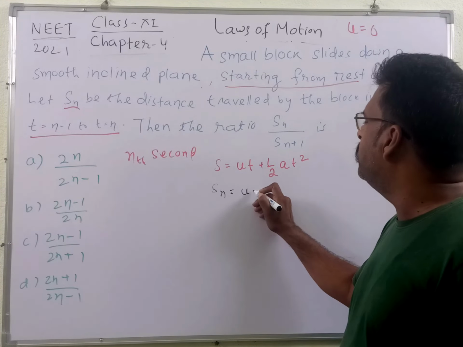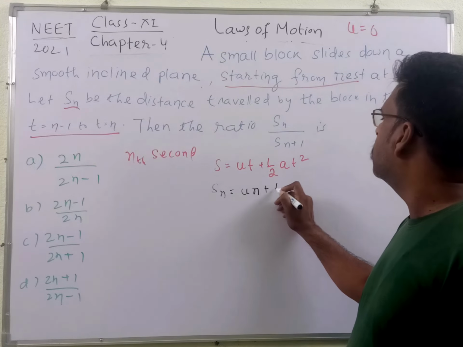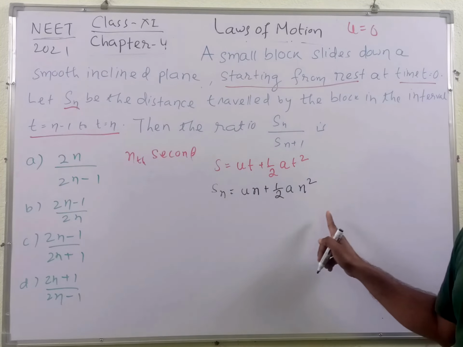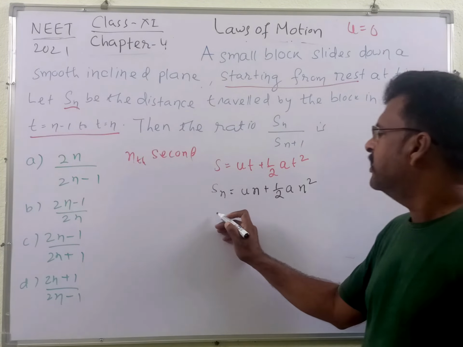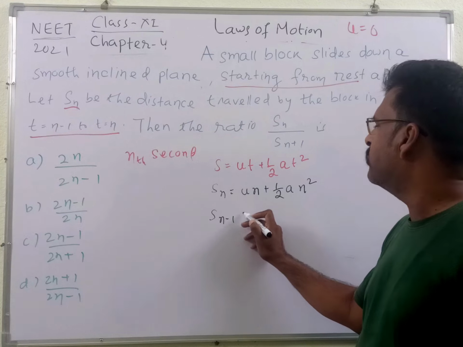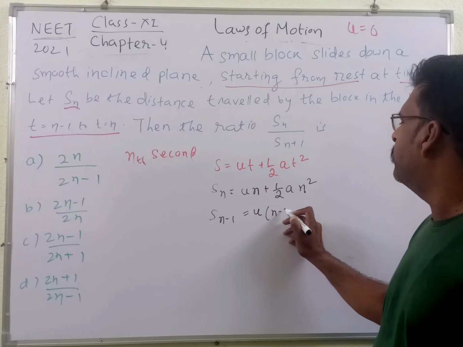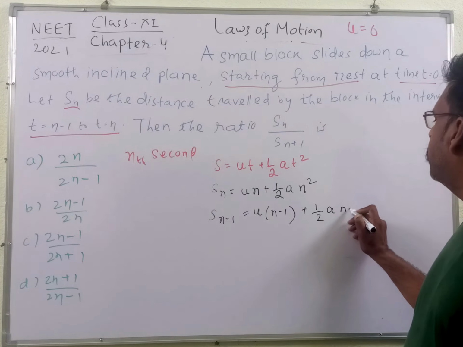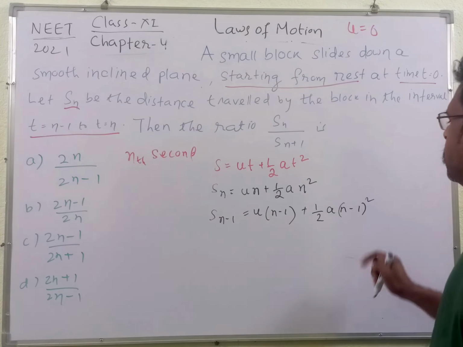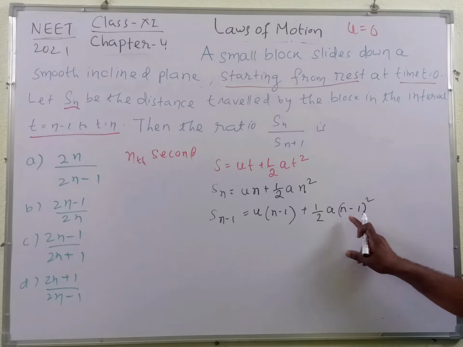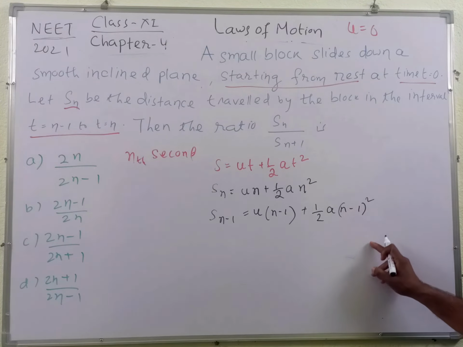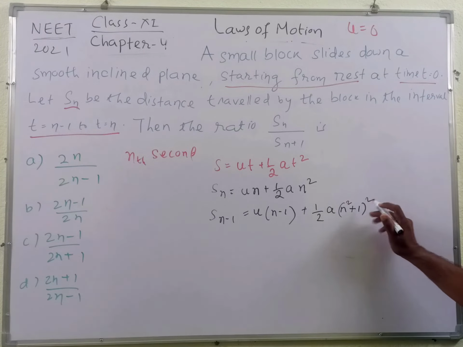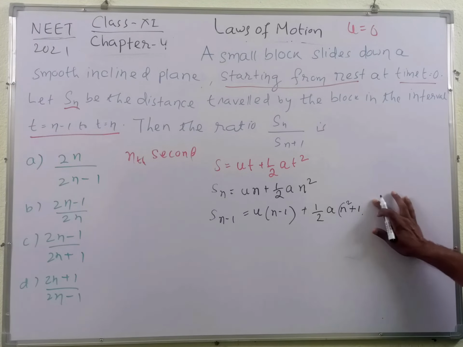Sn will be equal to un plus half a n square, the distance traveled in n seconds, and distance traveled in n minus 1 seconds will be equal to u into n minus 1 plus half a n minus 1 whole square. And what is this? If we expand this, a minus b whole square is equal to a square plus b square minus 2ab. So we write here n square plus 1 minus 2n.